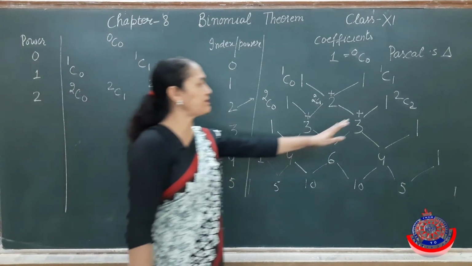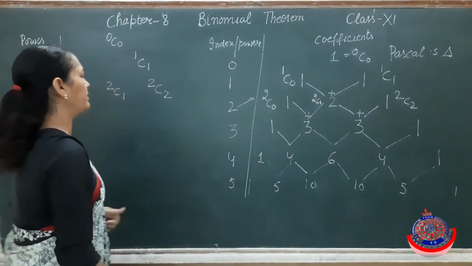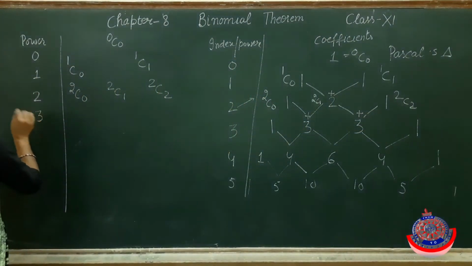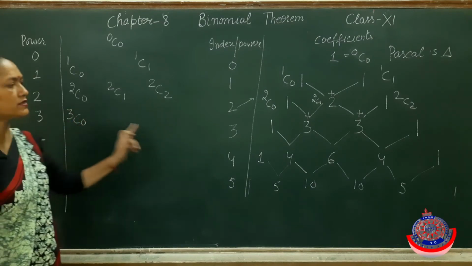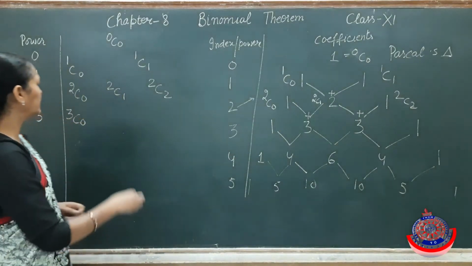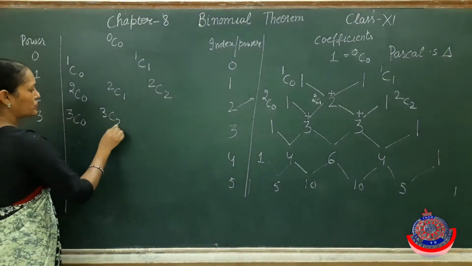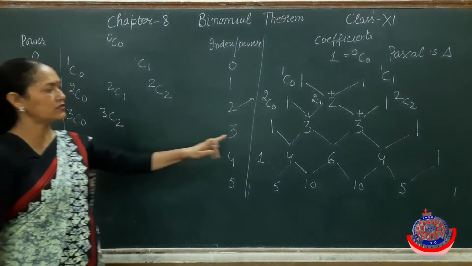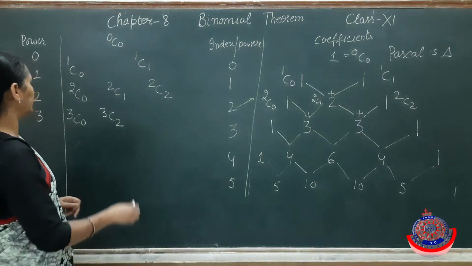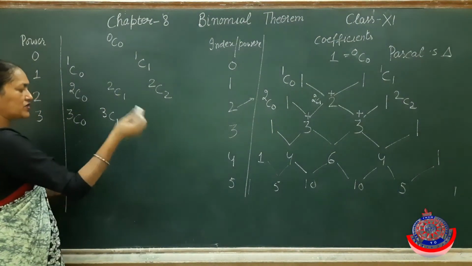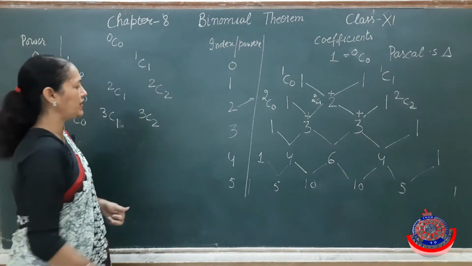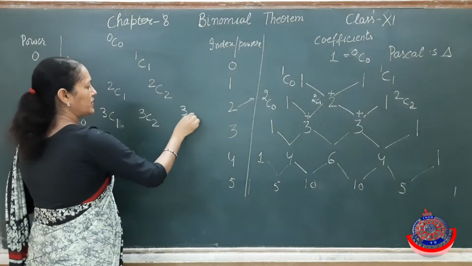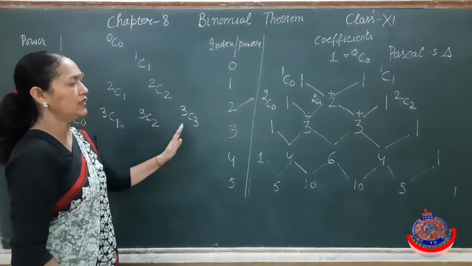I am converting this Pascal's triangle into this form. Here with 3, it will be 3C0. 3C0 means 1 only. Then 3C1 will give us 3, then 3C2, again it will give 3. Then 3C3 will give us 1.